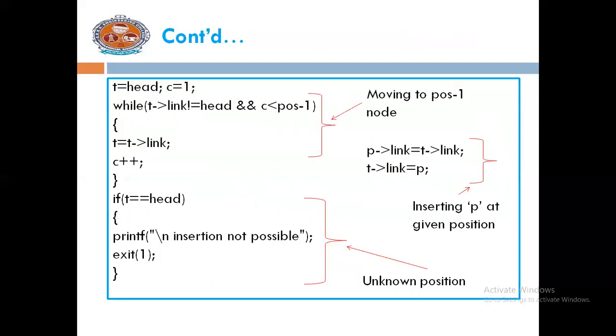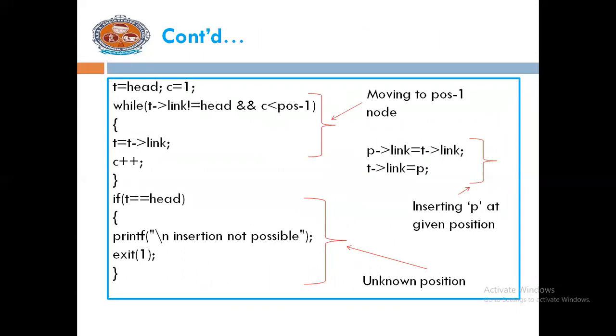Else, if position is not equal to 1, we need to add the new node at some other location other than 1. So here, to move to the required location, we are using a while loop. So while we are inserting the new node at the given position POS, we need to link the new node with its previous node and next node.